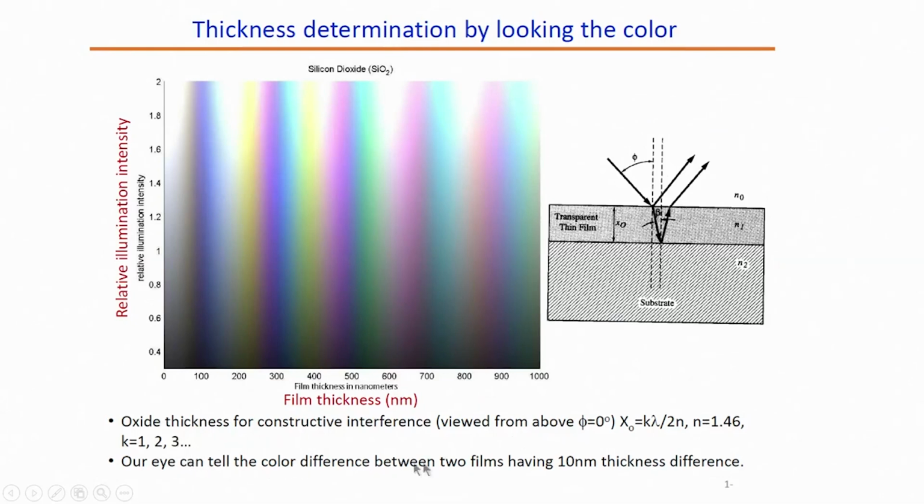So, I can tell the difference between two films having 10 nanometer of thickness difference. However, it is very difficult to exactly differentiate 10 nanometers, but like I said, about 200 nanometers difference, 0.2 microns, we can tell if we have enough experience working in the lab.